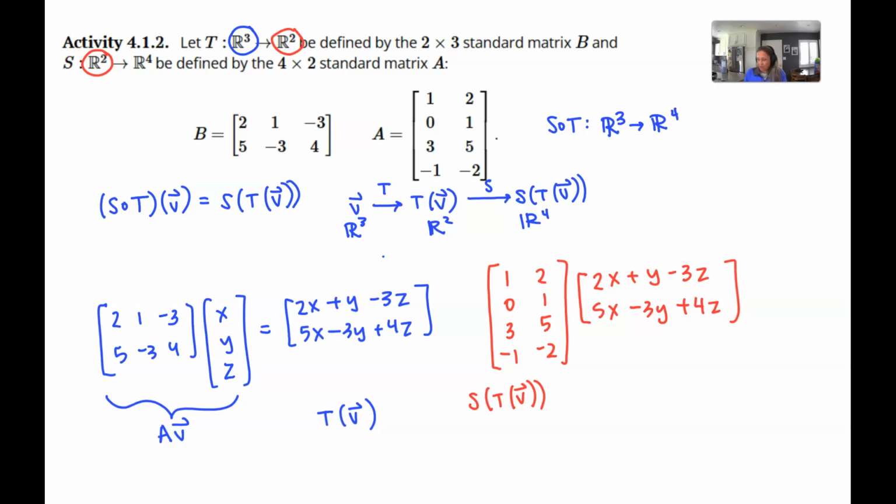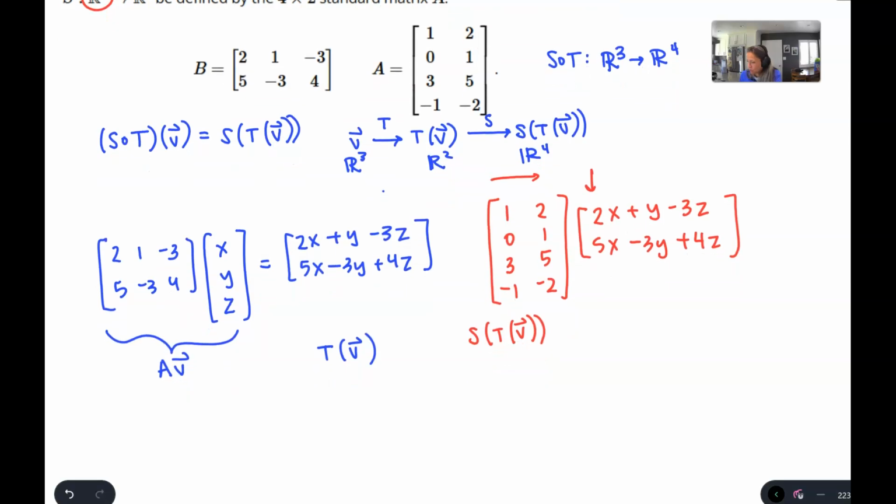I'm trying to think how we could do this nicely. Now I see why they wanted us to go through the basis vectors. I'm having some regrets, but it's fine. Since we do know matrix multiplication, I'm going to just do that matrix multiplication to find our new vector in R4.